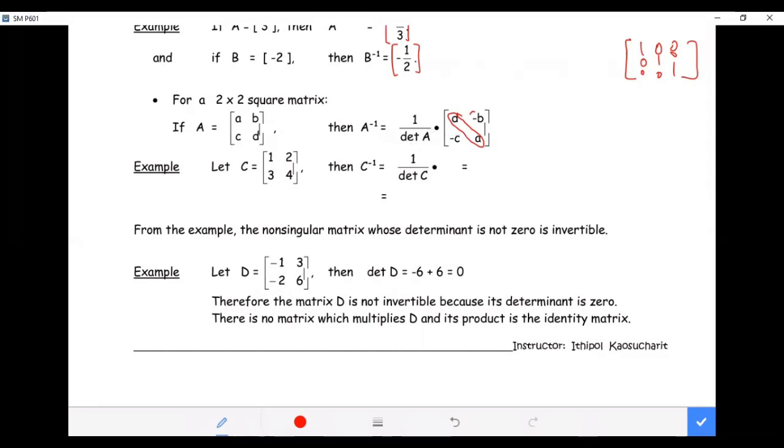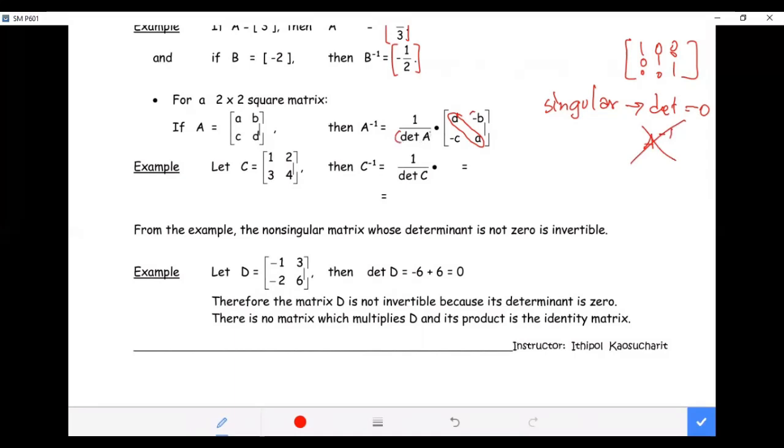Now let me have you think about this. I told you that a singular matrix has determinant equal to 0. And when the determinant is 0, it doesn't have the inverse. Why?